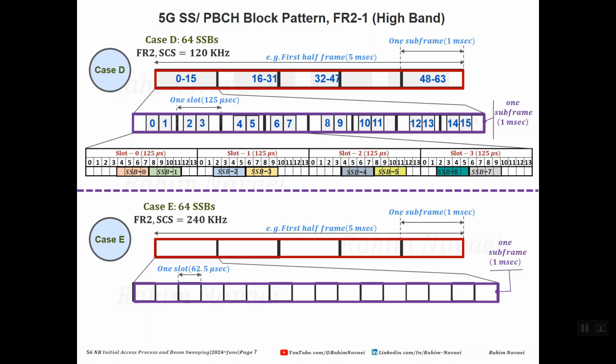Therefore, we have 16 slots within a subframe. Here, we can see the SSB's position within SSB burst of pattern E. As you can see in the diagram, it takes less than 2.5 milliseconds to transmit 64 SSBs within a burst.